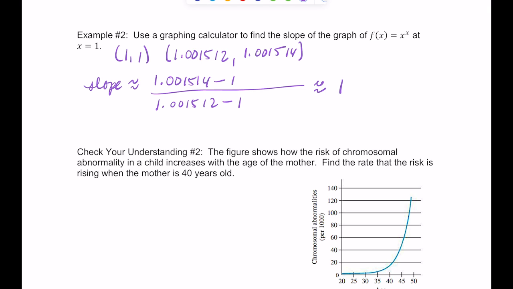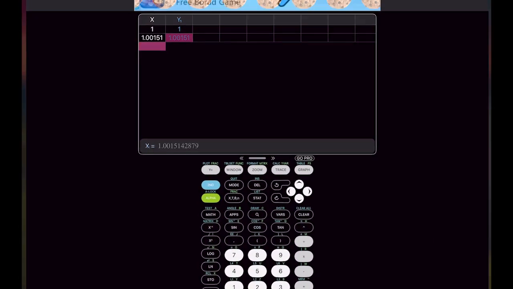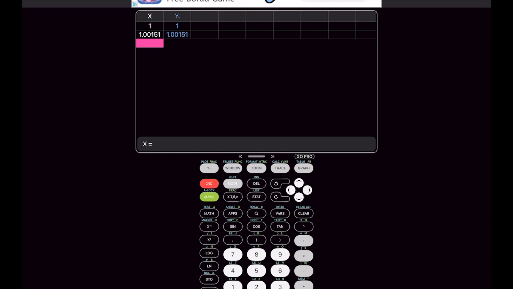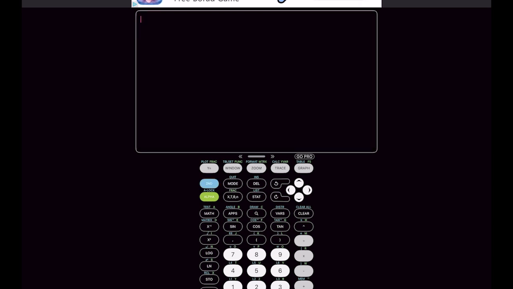Okay, and you can see that here. So if I go back, second quit, and I type in 1.001514 minus 1, and then 1.001512, right, and we get something very close to 1. So it's approximate.